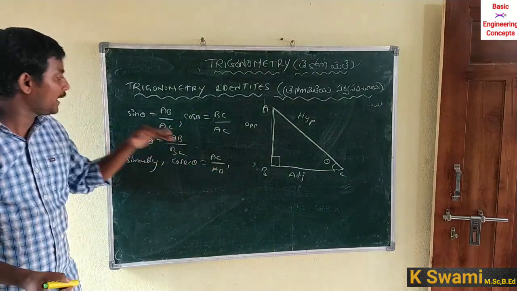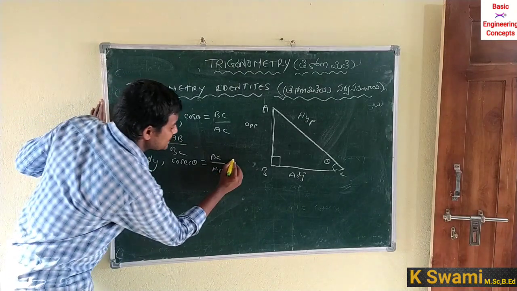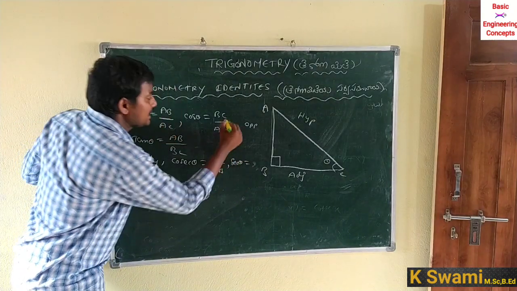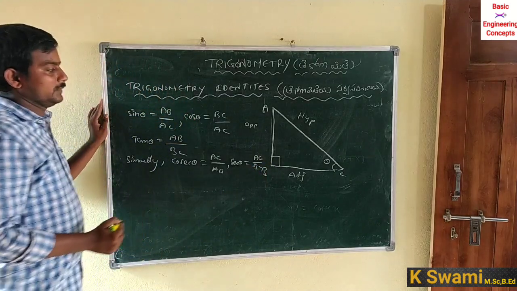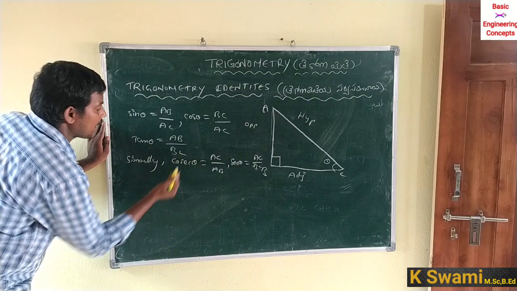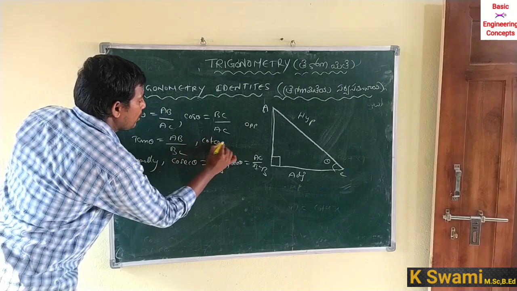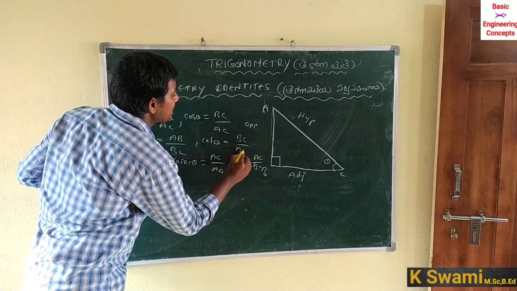So 1 by AB by AC is equal to AC by AB. And secant theta is equal to AC by BC. And finally, cot theta is equal to BC by AB.